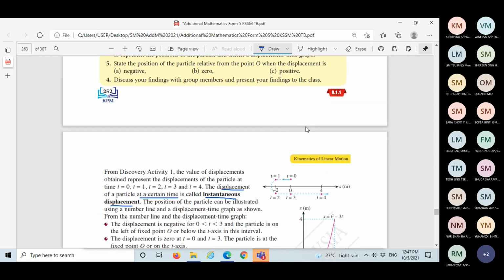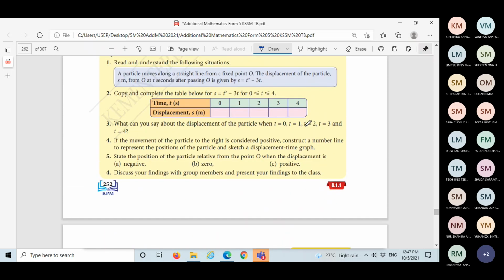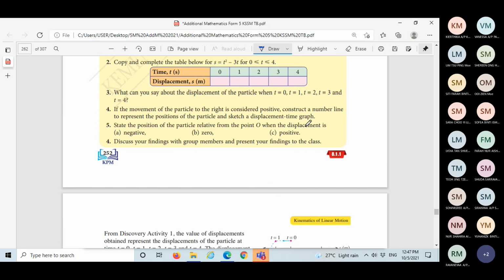We see this example. Actually, I don't really like this method, afterwards I will tell you why, but temporarily we just follow this method. The main idea is to get the graph.